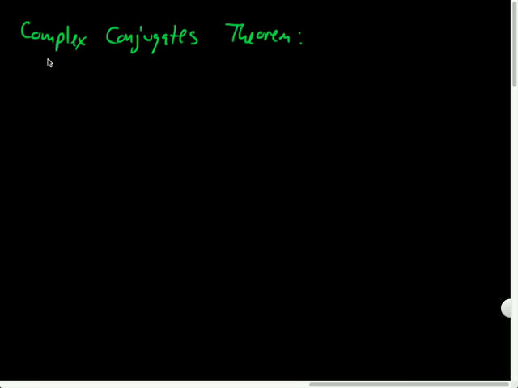So let's see. Suppose A and B are real numbers, with B not equal to 0.